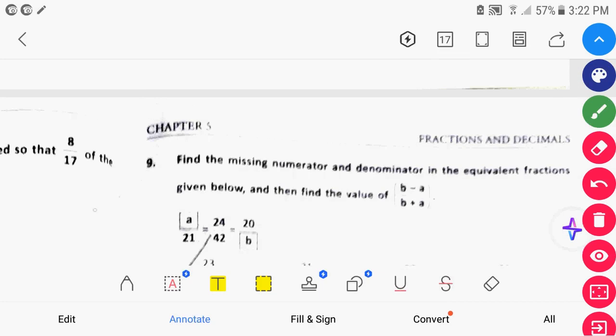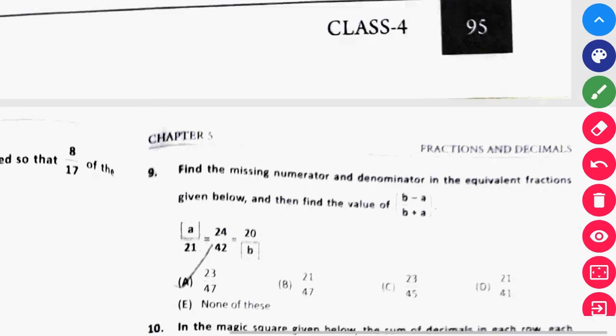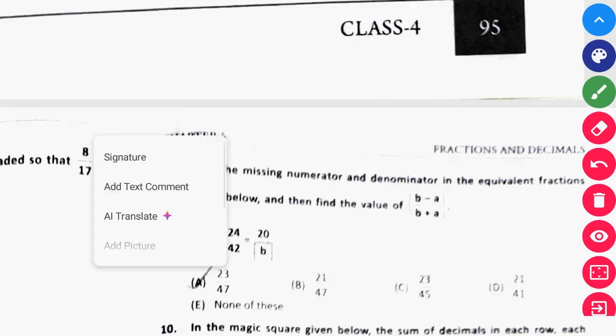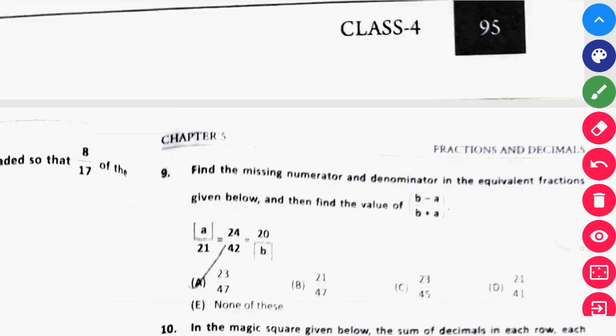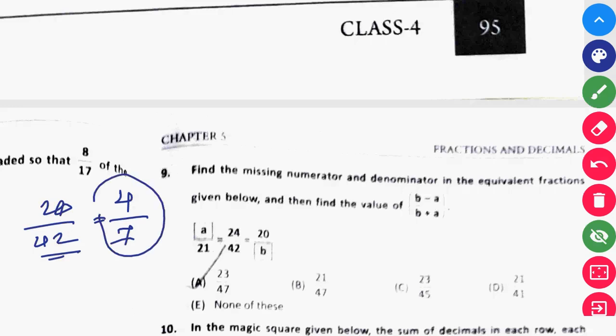Now the simplest form of 24 by 42: there are two methods. These two numbers can be divided by a common number, 6. 6 4s are 24 and 6 7s are 42. So 4 by 7 is the simplest form.